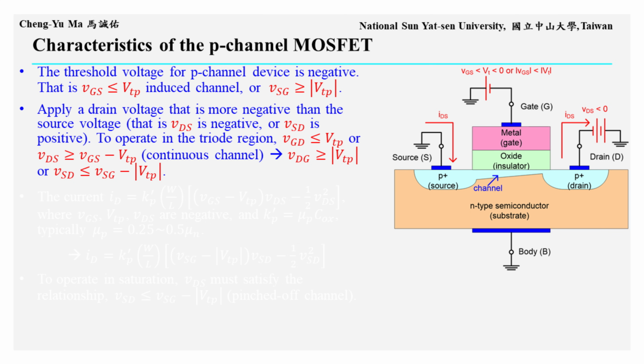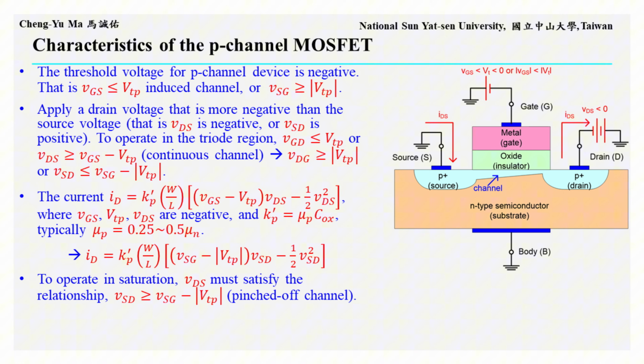To avoid confusion with negative signs, we can rewrite the condition using positive quantities: VDG greater than the absolute value of VTP, or VSD less than VSG minus absolute VTP, which is absolute VOV. This makes the PMOS criteria look similar to the NMOS criteria, with VGS replaced by VSG, VDS replaced by VSD, and VTN replaced by the absolute value of VTP.